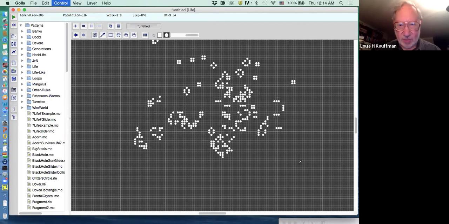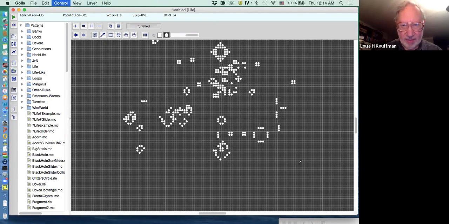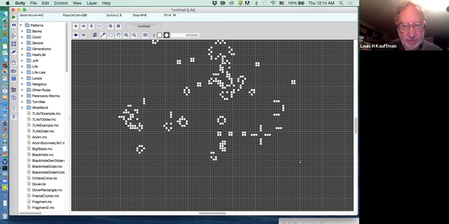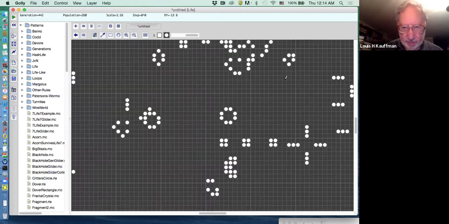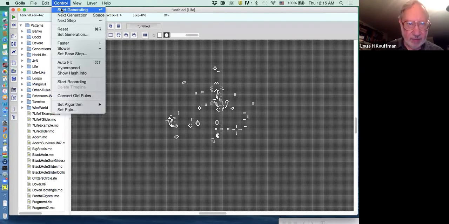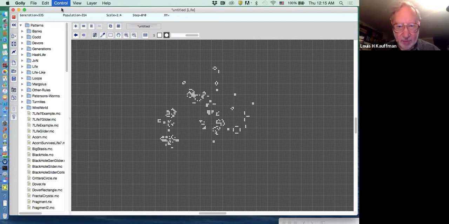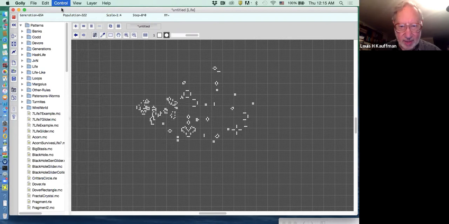The gliders will appear. And the other thing that's quite normal is that the configuration, as you run it, will fall down after a while into oscillating or static isolated entities.